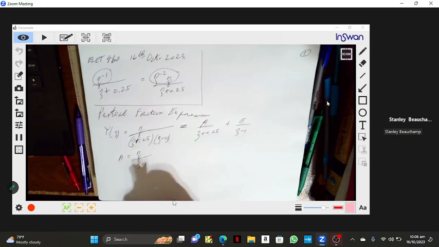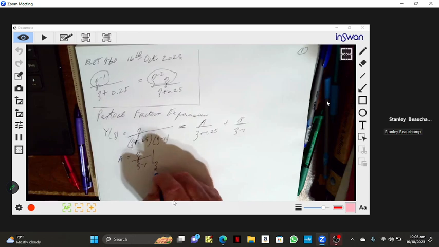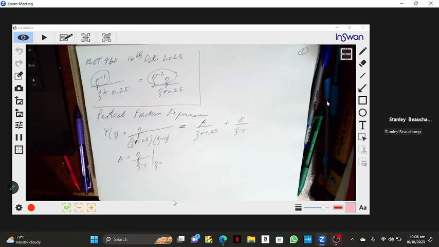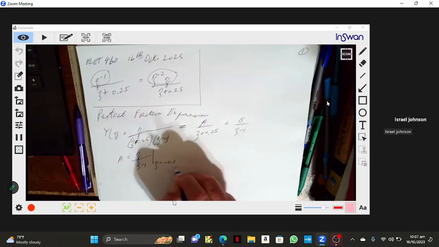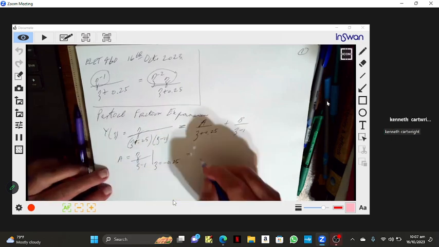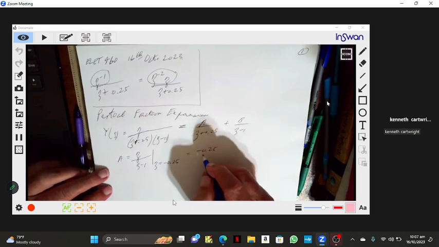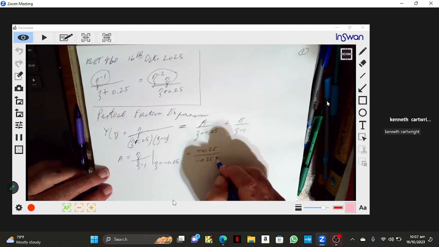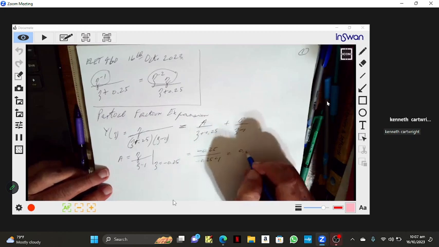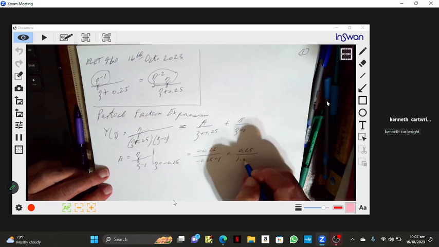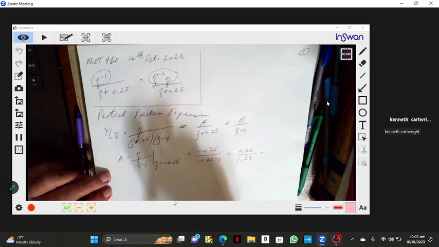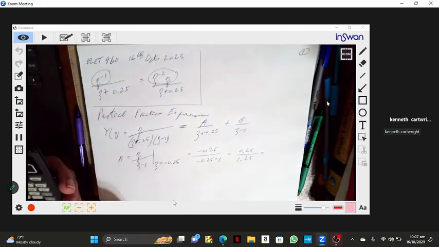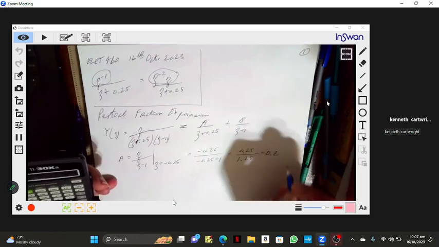And we can let z equal, that should be z equal to negative 0.25. Yes. Yes. Point 2.